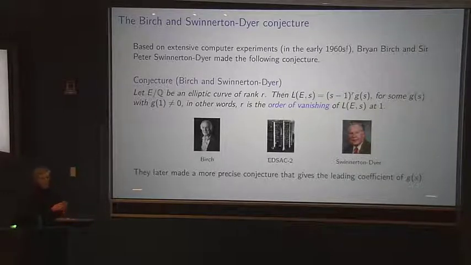They later made a more precise conjecture that will tell you exactly what the leading coefficient of the Taylor expansion of the function is, and that formula involves many other invariants associated with the elliptic curve. This question is still open. There's a $1 million prize attached to it, so I invite you to forge ahead and see what you can do with this problem.